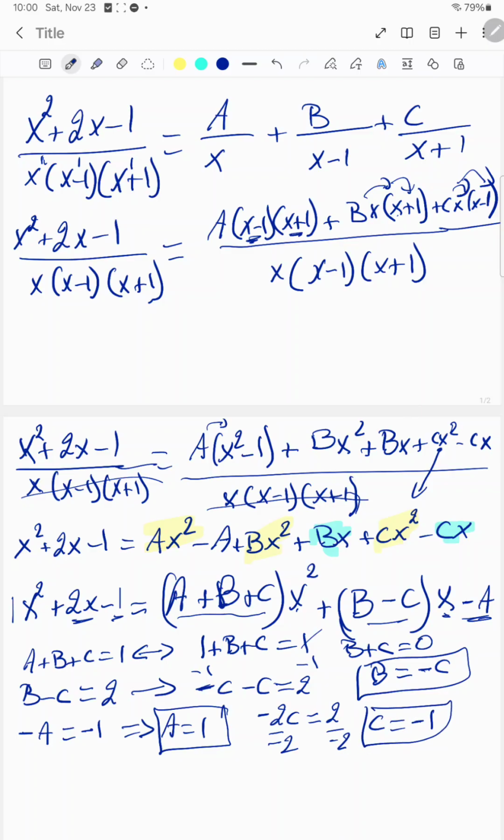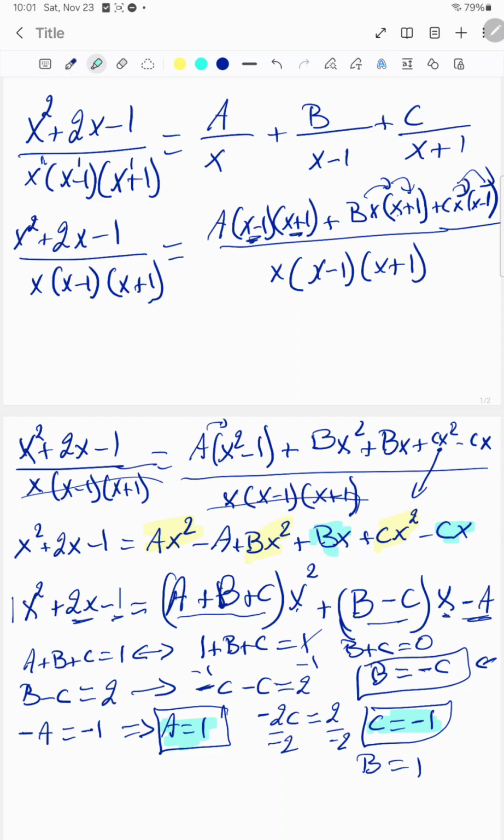So now I have my a is equal to 1, I have my c is equal to minus 1, and from that formula, I have b is equal to minus c, so my b is equal to 1.